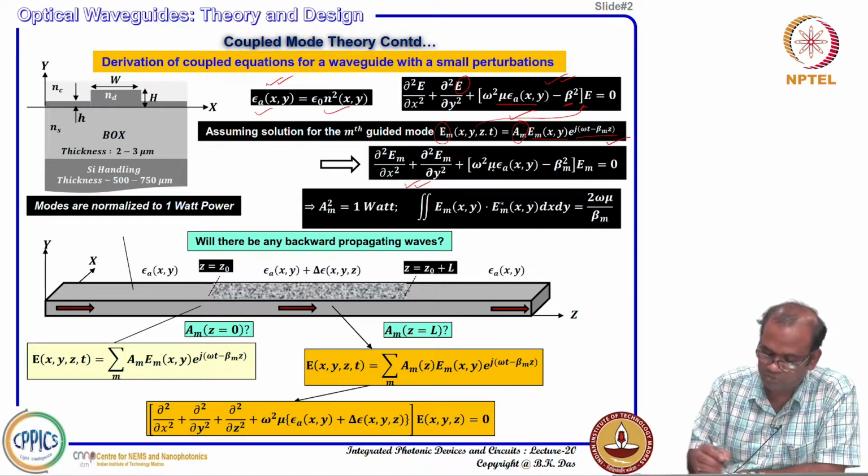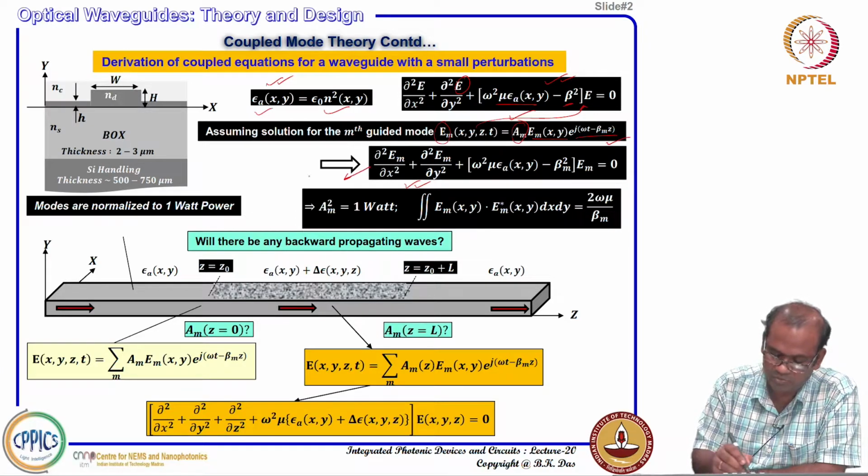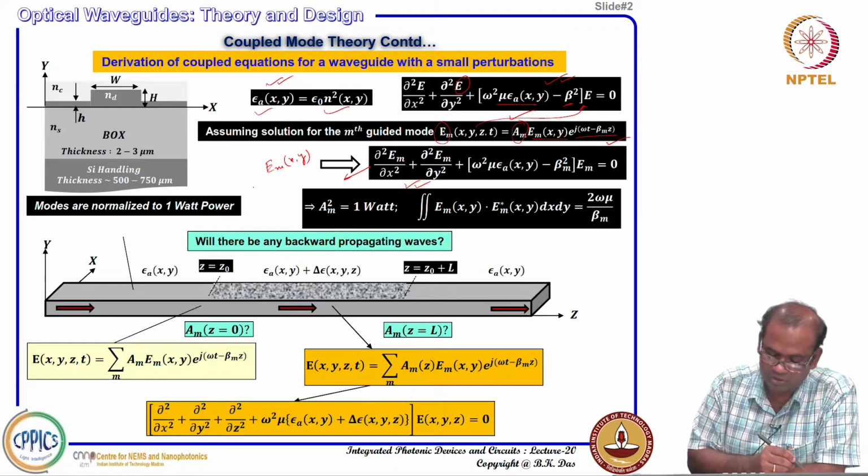You can solve this equation, and that is how you get a series of distributions E_m(x, y), and a series of solutions beta_m.